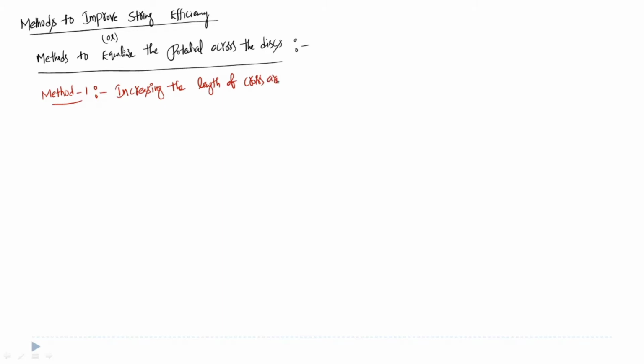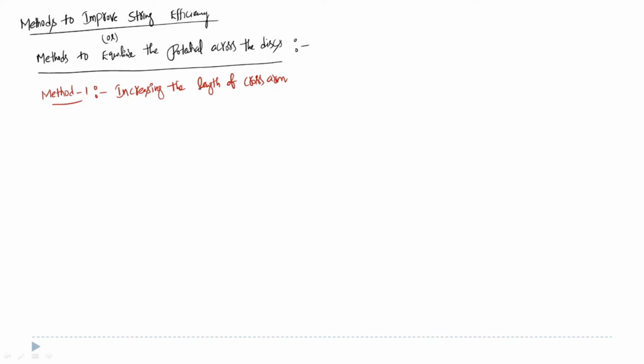Okay. So we cannot increase it to whatever extent we require, because there are some economical reasons, and there are also some technical issues that we may encounter when we increase the cross arm length to whatever value we require. We cannot increase it to a larger value, but we can increase it to a comfortable value.